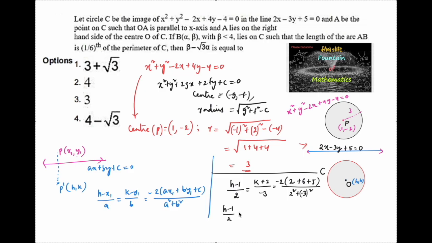That is h minus 1 upon 2 is equal to k plus 2 divided by minus 3 is equal to minus 2 into 13 divided by 9 plus 4, 13. So minus 2. So we can write h minus 1 upon 2 is equal to minus 2.